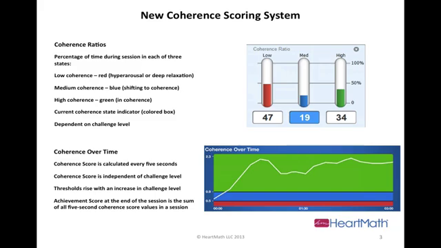And this coherence score is independent of challenge levels. So no matter what challenge level you're on, you're always going to get the same numeric score. But the thresholds between the challenge levels rise as you raise the challenge level. And then there's the achievement score that you get at the end of the session. That's the sum of all the 5-second coherence score values in a session.